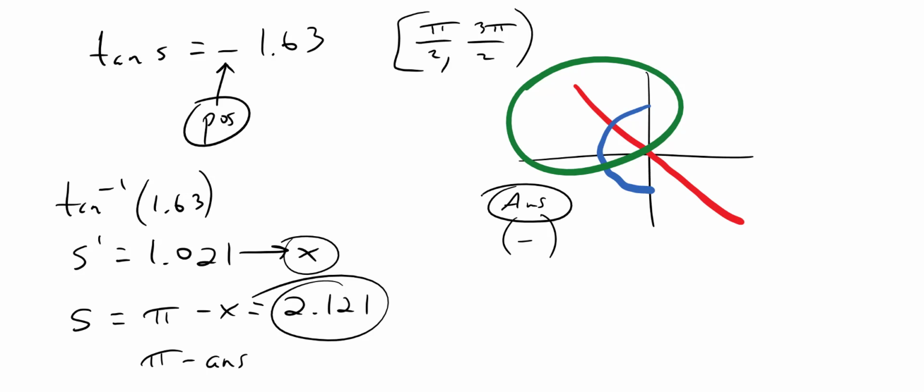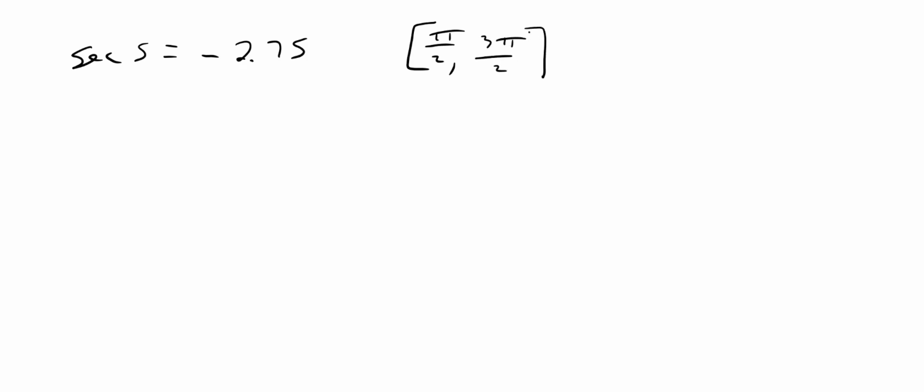Okay? Let's try another one here. How about secant of S equals negative 2.75, and it's between pi over 2 and 3 pi over 2. I'm going to put a parenthesis around that. All right, 2 restrictions, guys.